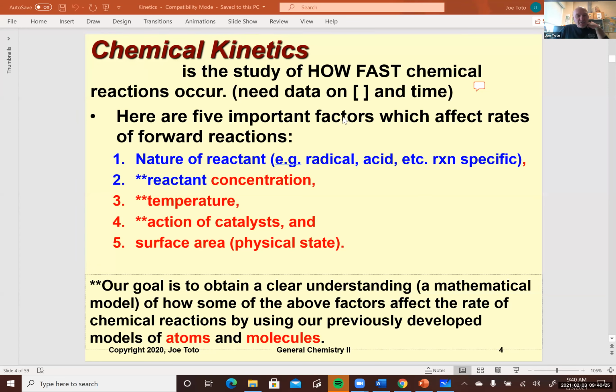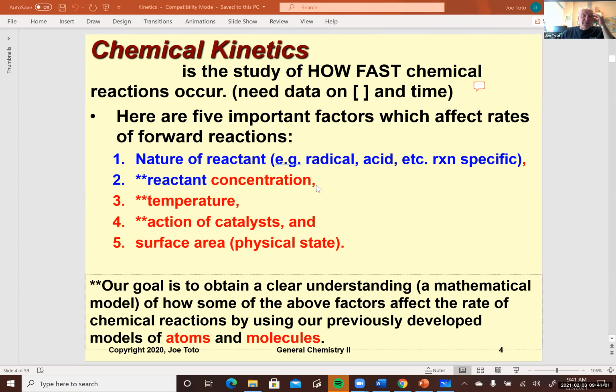So these were the five topics that we were going to take a look at. Number one really is a no-brainer, the nature of the reaction and the reactants. Two, three, and four, that's where we're going to look at most of our mathematical models and try to understand conceptually how reactants come together and form products and how that affects the rate of the reaction, how temperature affects it, and catalysts.